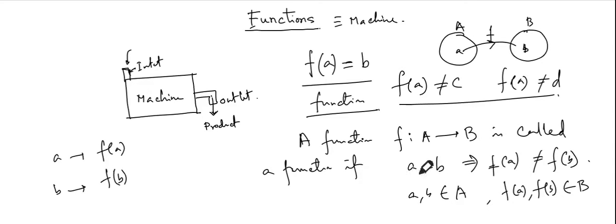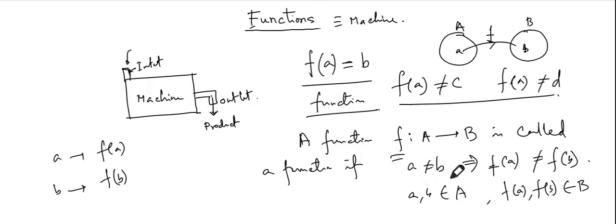That is written here. If a is different from b, then the product from a, f(a), and the product from b, f(b), should not be equal. They should be different. If this is the case, then f is a valid function.